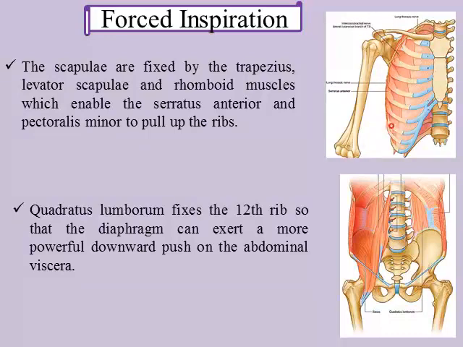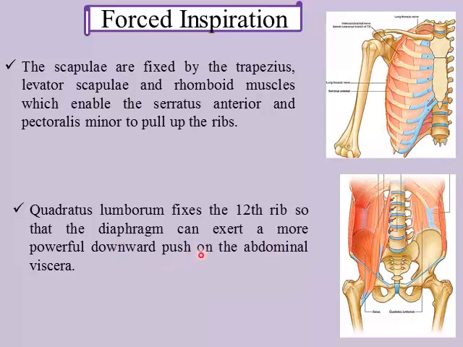Depressing ribs is required in active expiration. Subcostal depresses the ribs. So the only elevator of the ribs is the external intercostal, thanks to the muscle fiber direction.